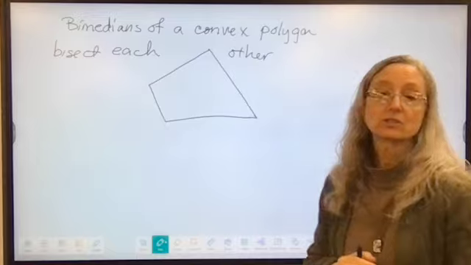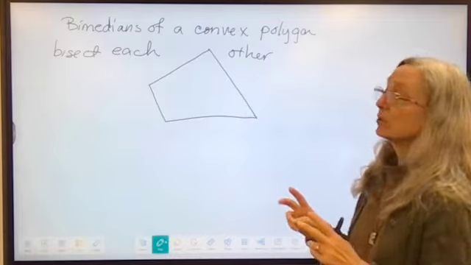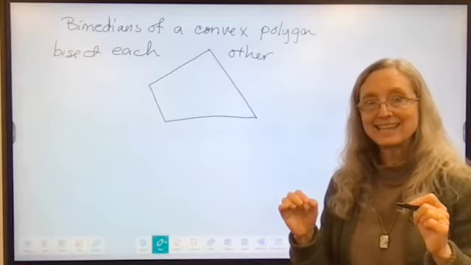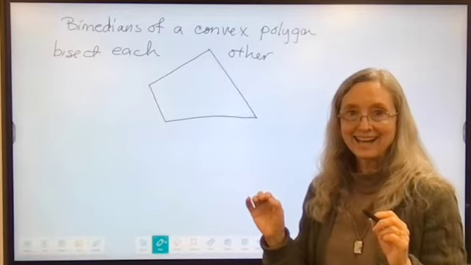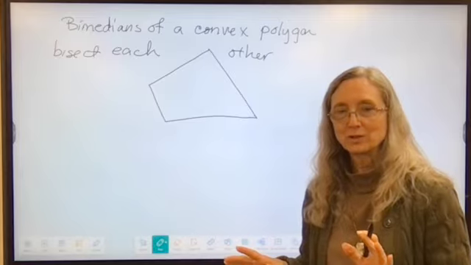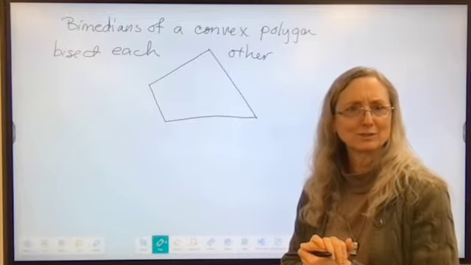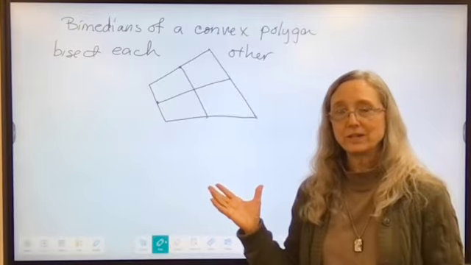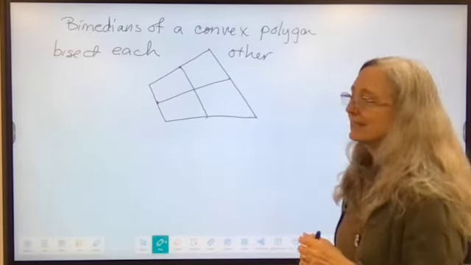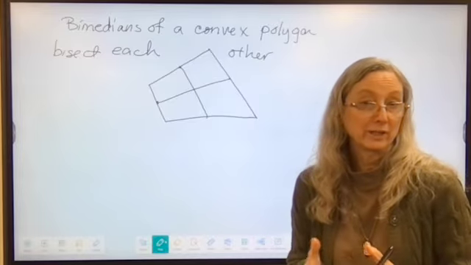If I do the medians, or in this case the bimedians, because it's not a triangle, if I take the midpoint of each side and connect them, in any quadrilateral, they will bisect each other. So let me try to draw that and see how that looks. Okay, so here I approximated where the midpoints would be and connected them, and it does look like they bisect each other, which is pretty neat, but why do we care?